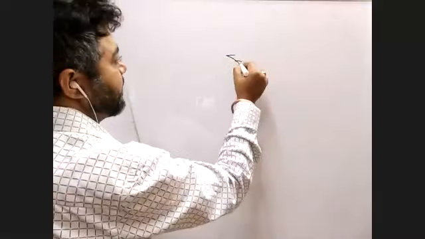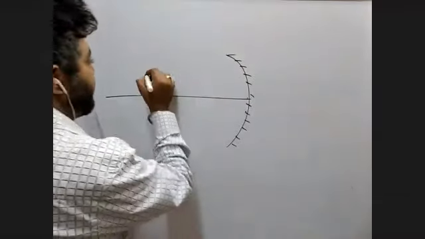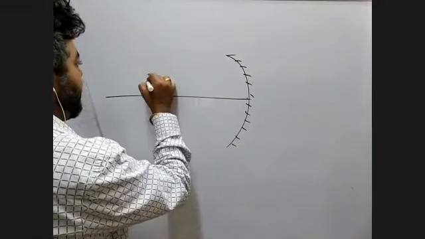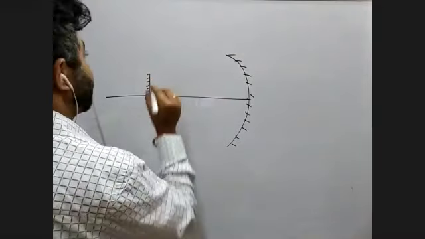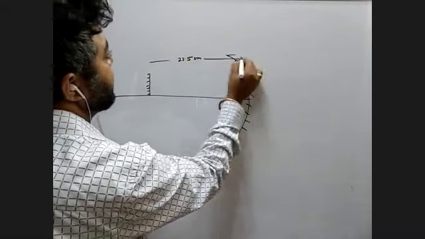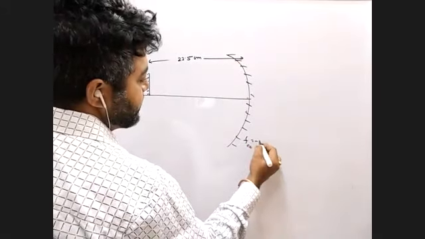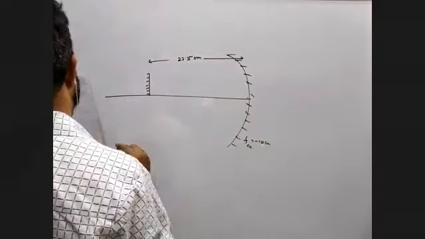One concave mirror and a plane mirror. The separation between them is 22.5 centimeter. The focal length of concave mirror is minus 10 centimeter.